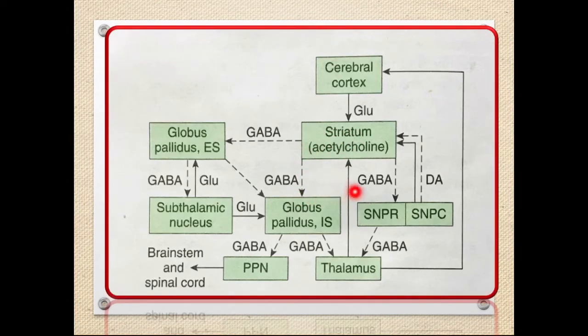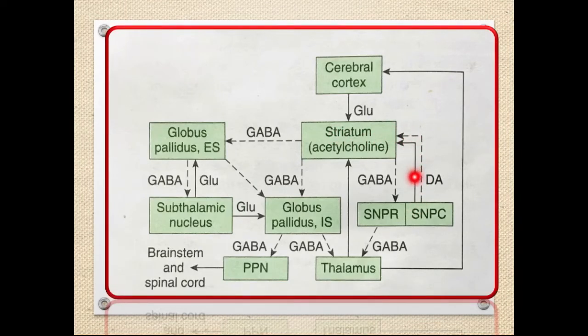If there is loss of the dopamine neuron input to the striatum, the acetylcholine will exaggerate the movement part, the direct pathway; it will stimulate the direct pathway if that control via dopamine is lost.